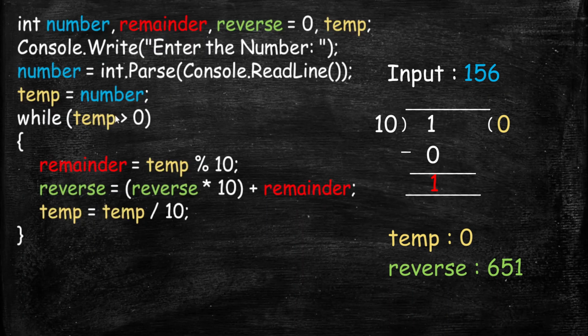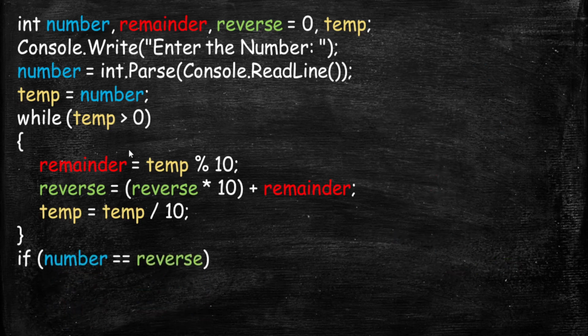Now temp is not greater than 0, it is equal to 0, so the condition is false, so it will break the loop and get out of the while loop. So as you can see, using this while loop and this formula, we have successfully reversed the number. Our number was 156 and now it is 651, so our number is reversed.